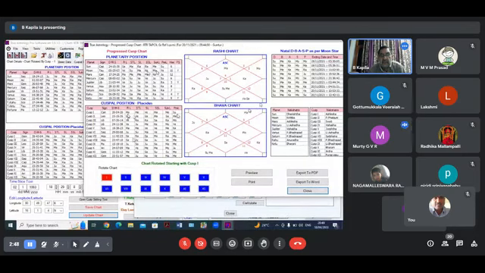Sir, multi-cursor, sir, coming. Multi-cursors, that is the problem. In fact, the problem is that if I use the screen, then the multi-cursors don't appear, but I cannot move the screen. I cannot keep on changing over here on this screen.